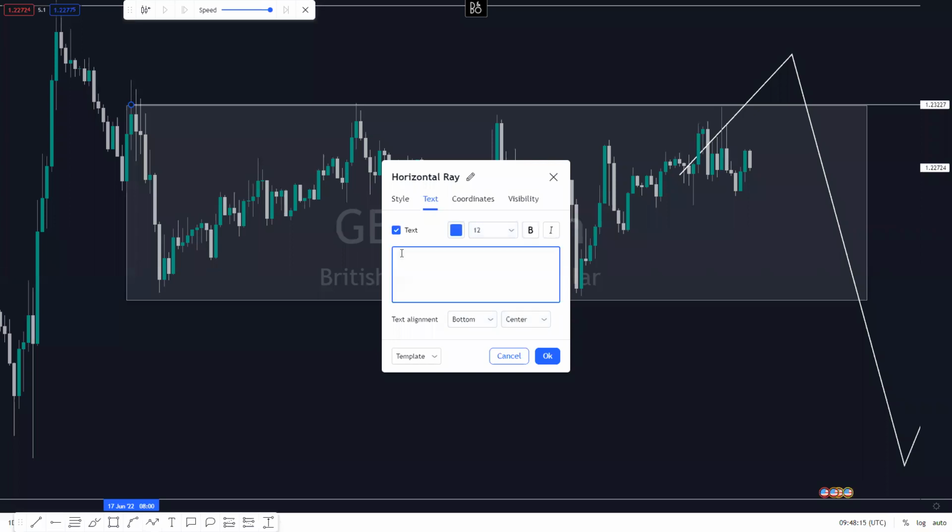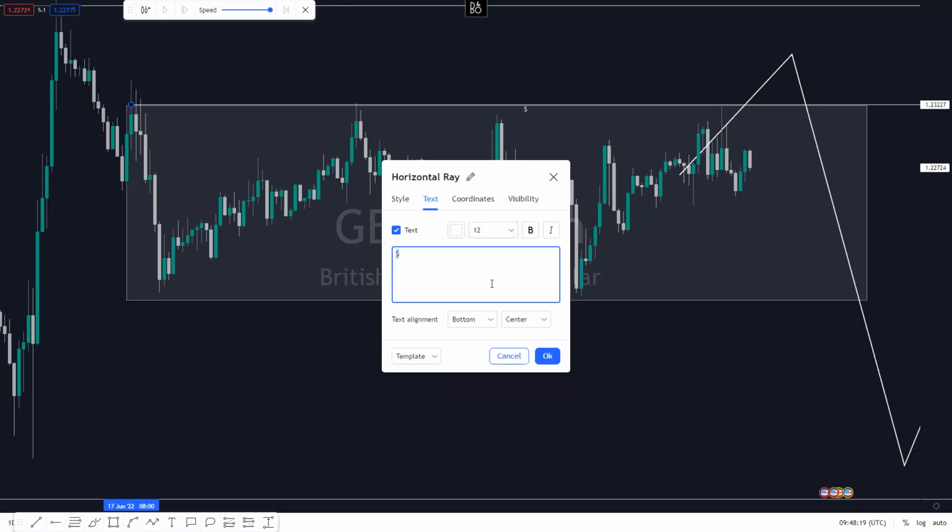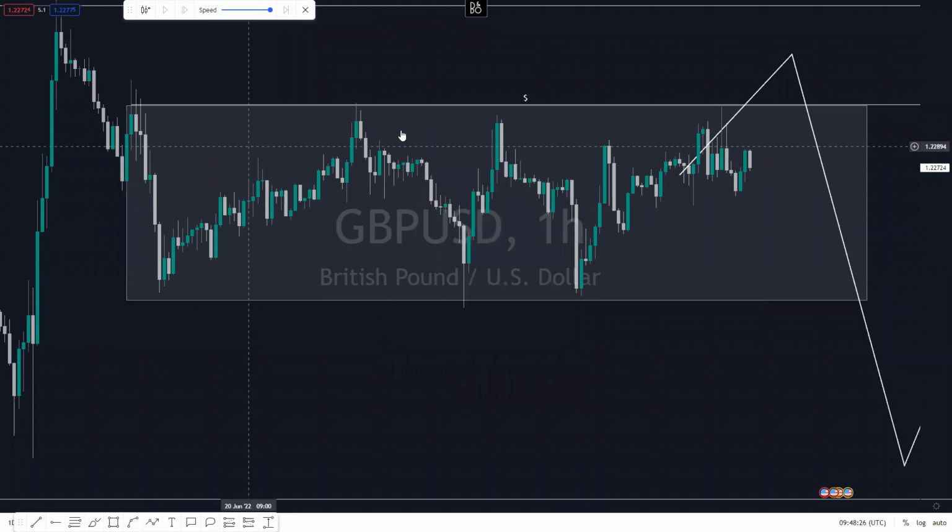Let's make this bigger. This is the liquidity that price has created in this region. I'm going to be expecting price to take out this liquidity first.